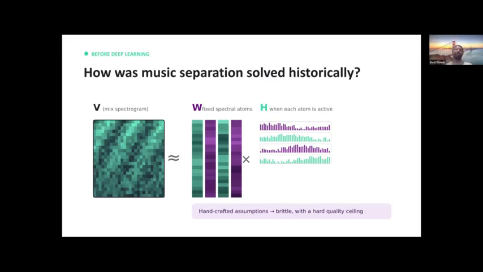If we have a method that can break it down into atoms, and then tell us the intensity of that atom over time, as well as model what the frequency distribution is for each individual atom, then we should be able to break down this mixture spectrogram into a fixed spectral atoms matrix. And I guess a matrix of when each atom is active.